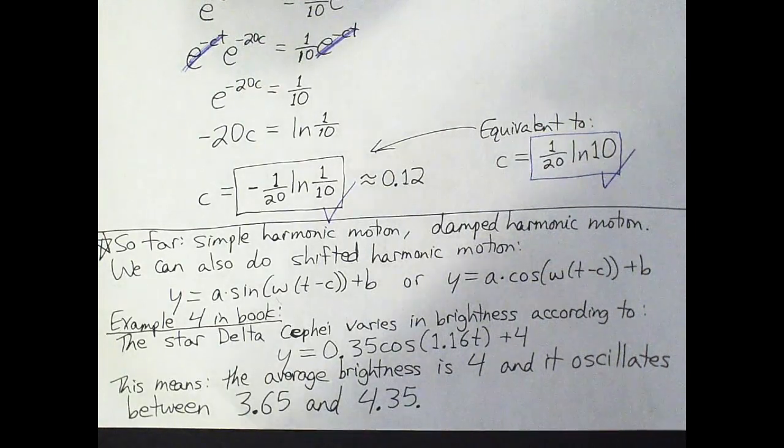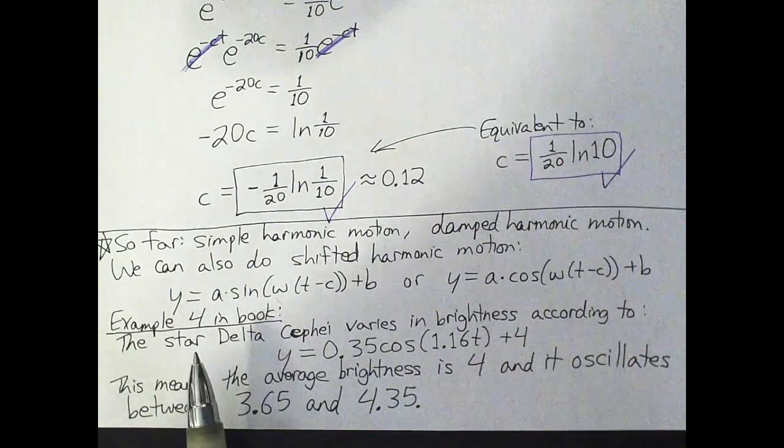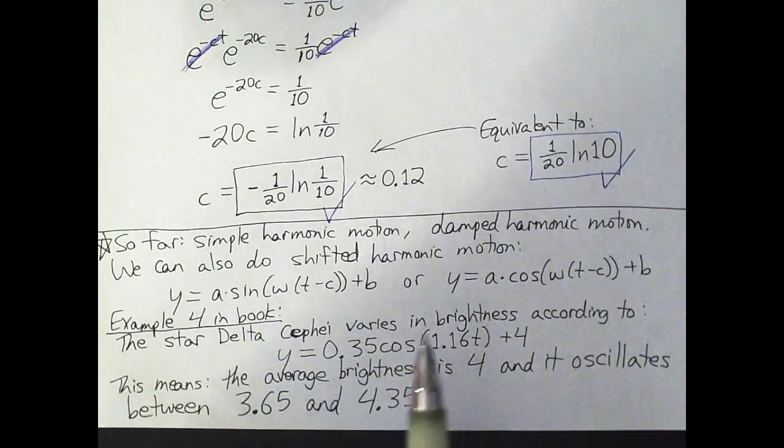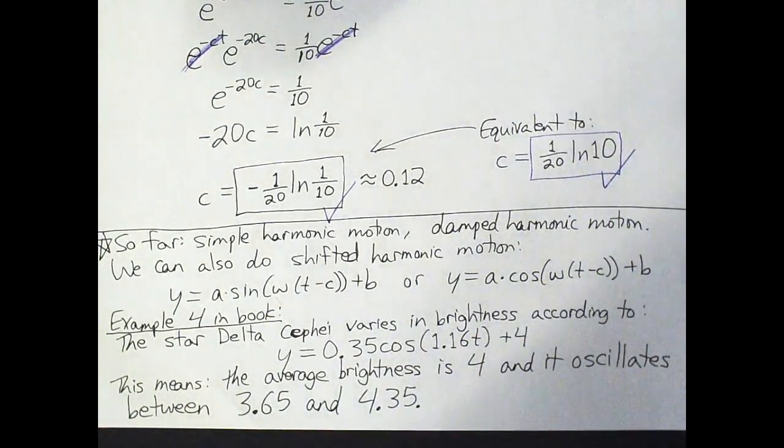Today we talked about a mass suspended from a spring. We talked about a bass guitar string being plucked. We talked about a stone being dropped in a pond. Now I'm telling you that the brightness of a variable star can also be measured with harmonic motion, and that there are other applications, such as a pendulum swinging back and forth, or maybe something involving radio waves.